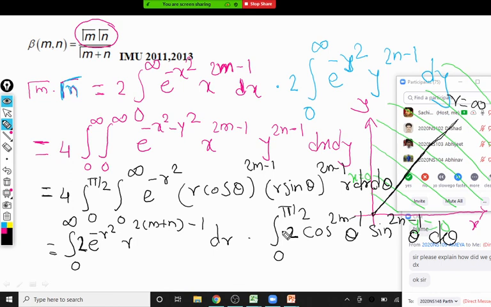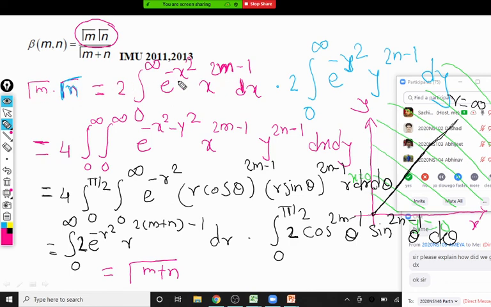And now tell me, what is the value of this first term? What is the value of this integral? Sir, gamma m plus n. Again by the second definition, here we use this second definition.